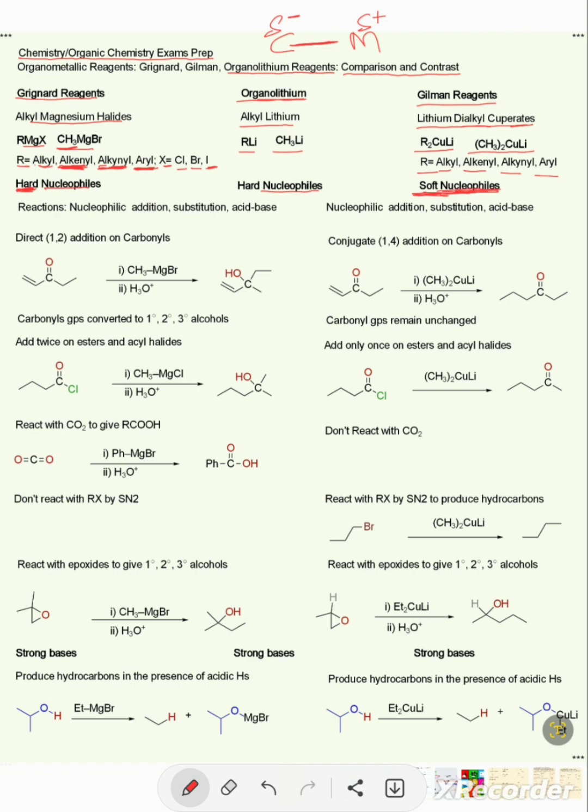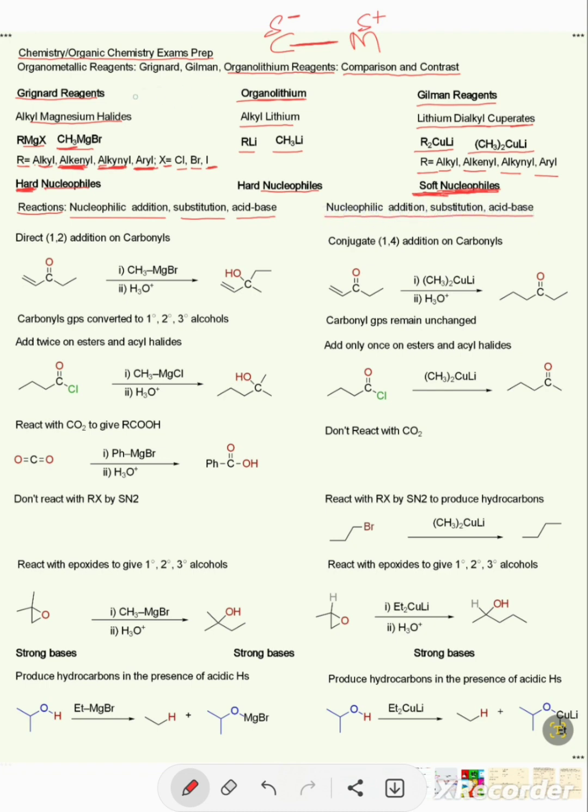The reactions of organometallic compounds. All of these organometallic compounds would give three types of reactions. First are nucleophilic addition reactions, then nucleophilic substitution reactions, and third is acid-base reaction. So these are true for all three types.